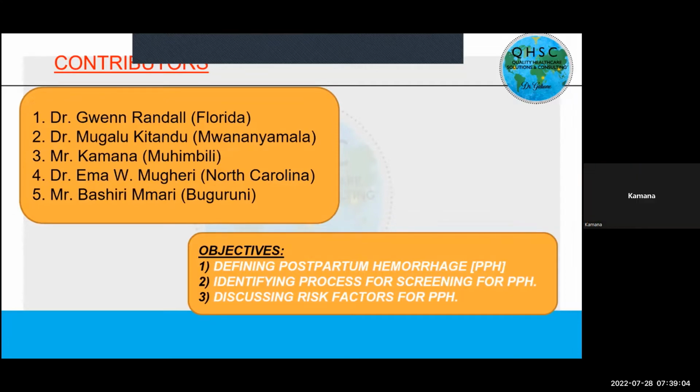Mr. Kamana? Yes. The idea here at Muhimbili National Hospital, when the patient comes in with such a diagnosis or is pregnant and developing such a situation, we define PPH as blood loss above 500 mils when a woman delivers by SVD, and 1,000 mils by cesarean section.